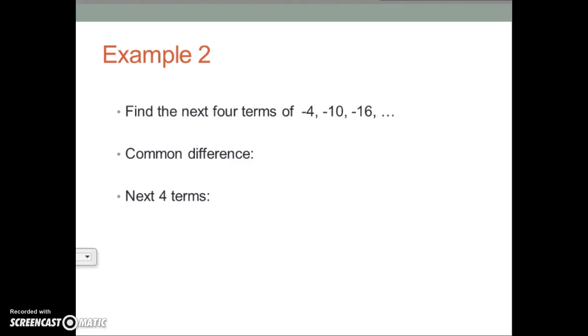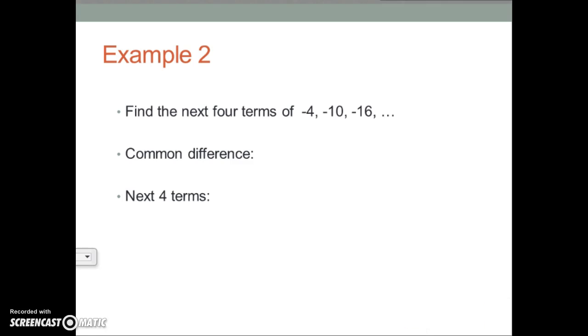If we look at another example, we have negative 4, negative 10, negative 16. I can see from this sequence that each term is smaller than the one before it, so I know that we are going to be adding a negative number.